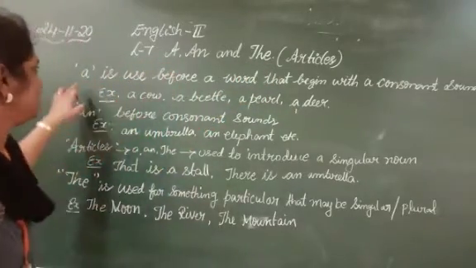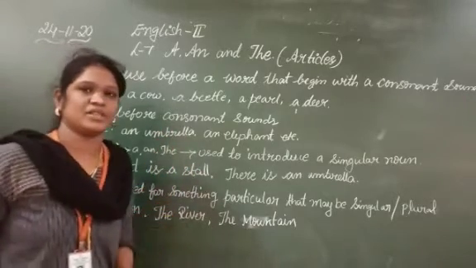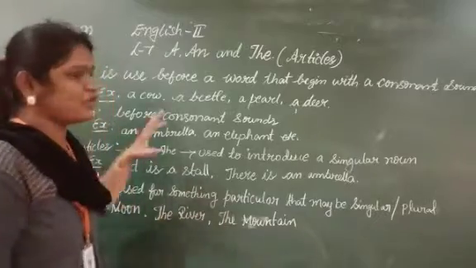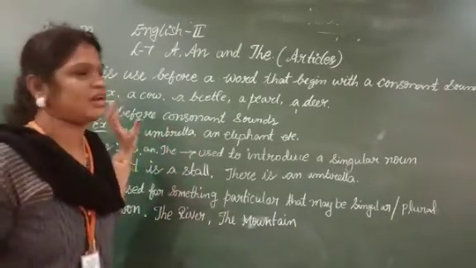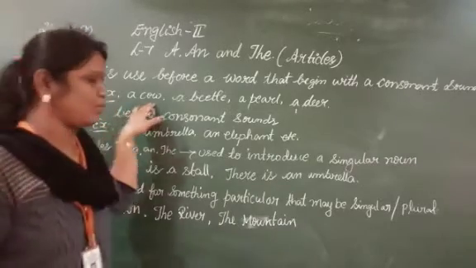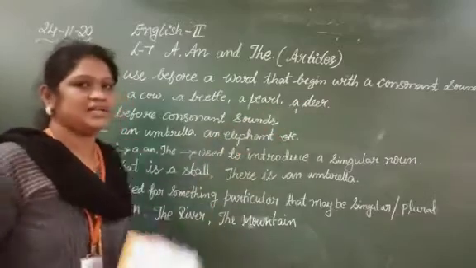A or an. A is used before a word that begins with a consonant sound. Yes or no, children? Before a consonant sound we are going to use a. For example, a cow, a beetle, a pearl, a deer.